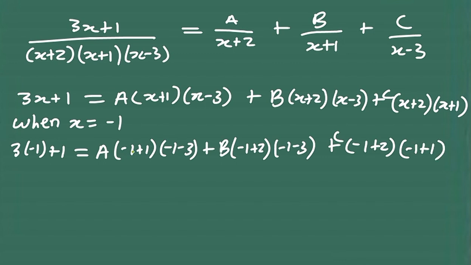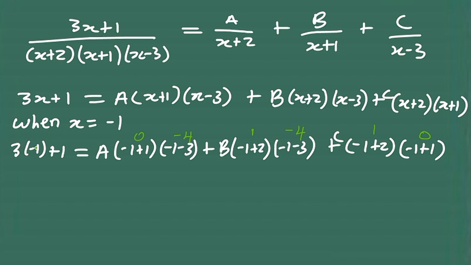Okay, so here we have -1 plus 1, which is 0, and -1 minus 3 gives us -4. -1 plus 2 will be +1, and -1 minus 3 will give us -4. Here will give us +1, and here will be 0.